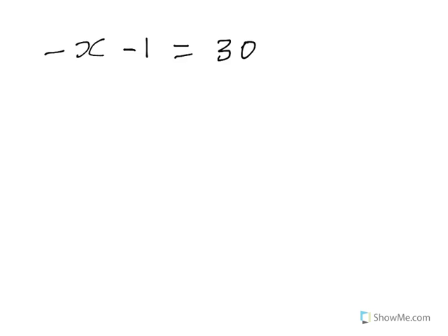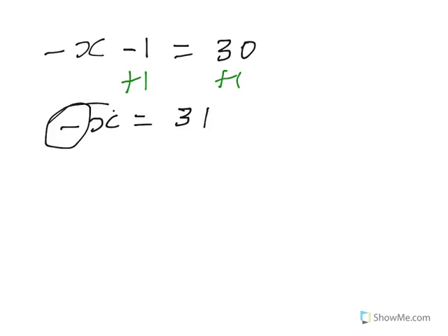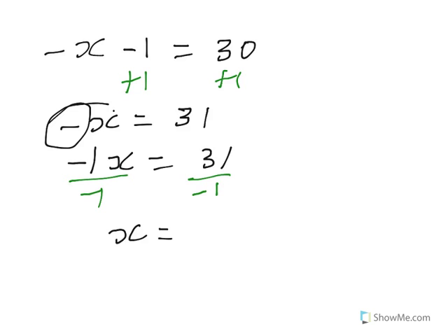Alright, so if we then add 1 to both sides, then I'll get negative x is equal to 31. Now this minus out the front here means minus 1 lot of x. So if I want to remove that, divide by negative 1, and so then you get x is negative 31.